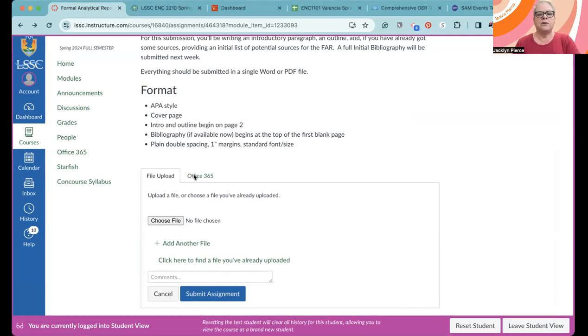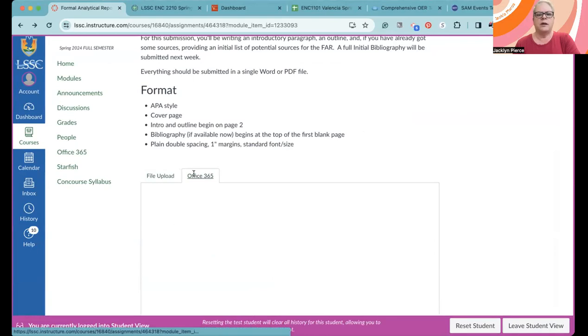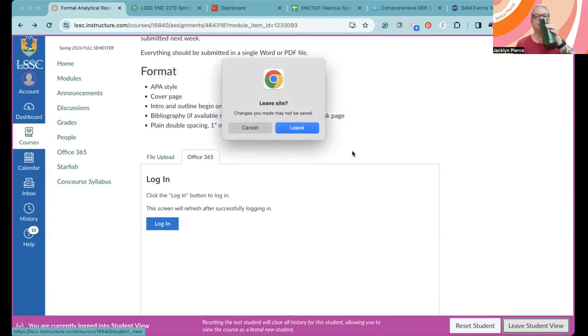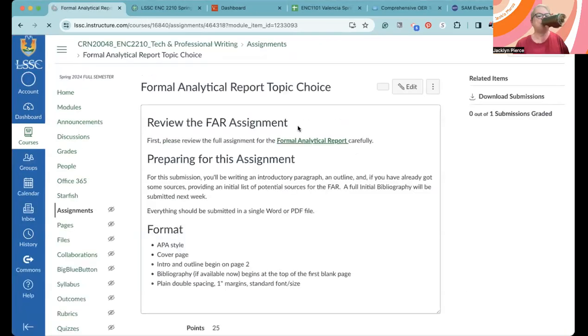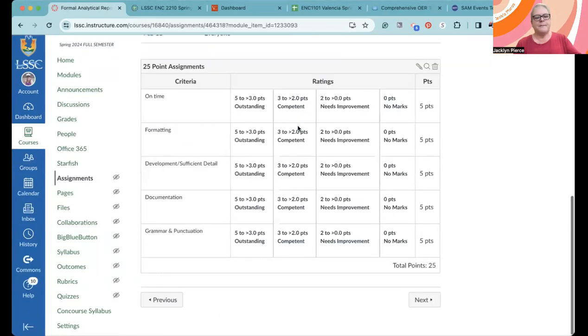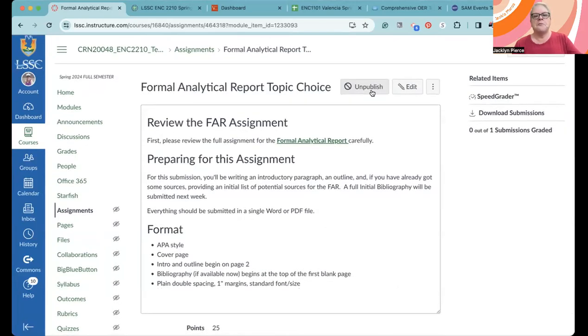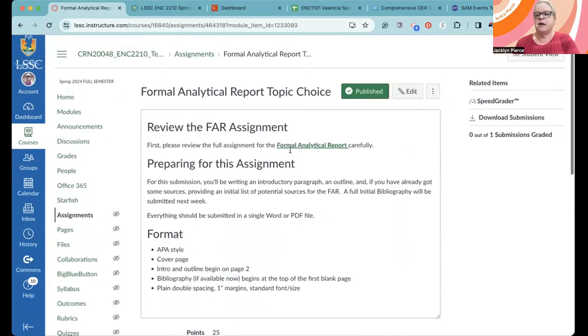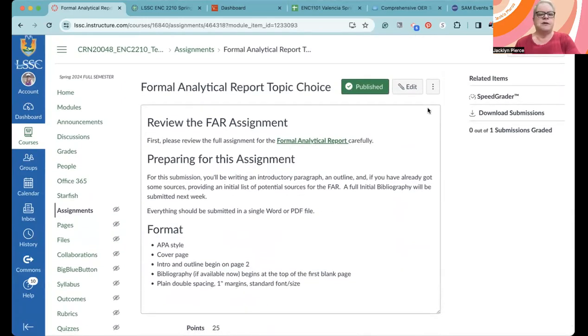Ooh, I wonder if I can do it directly through here. Let's see. Nope. Oh, because I'm in student view. Let me see if I leave student view, if I can do it. No, now it's not going to let me because I can't put something in.